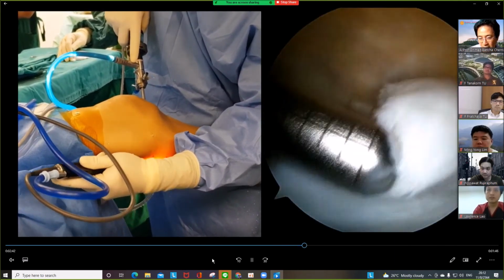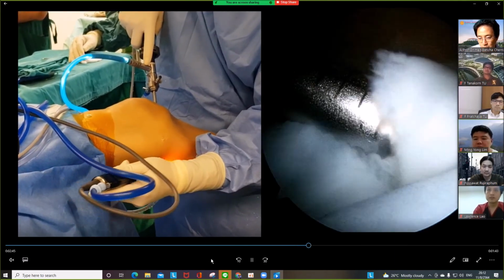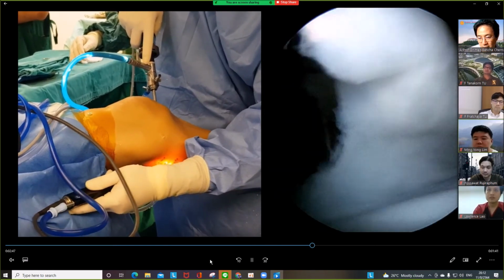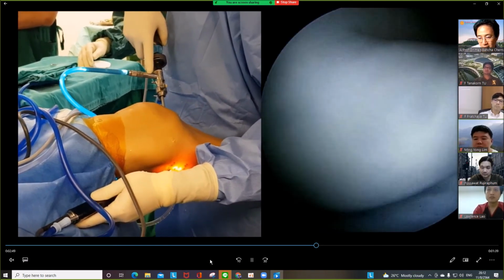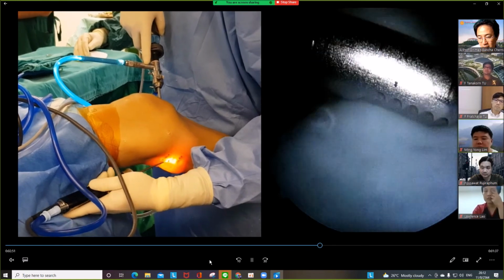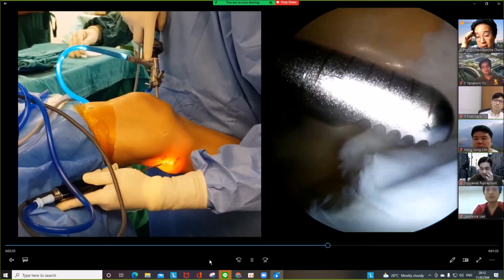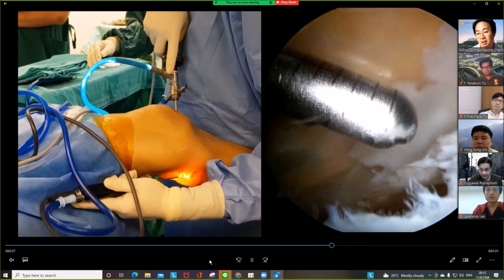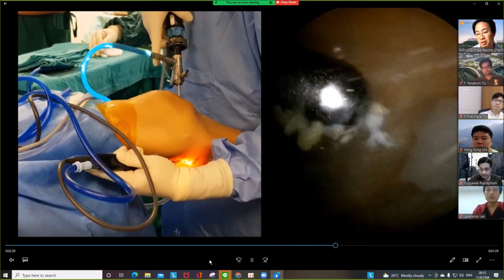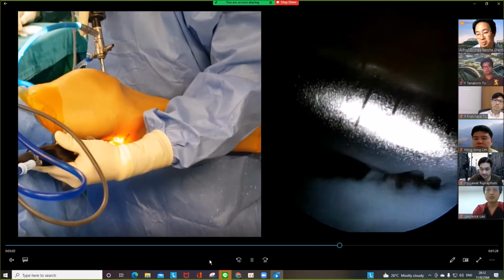You can easily suck your cyst wall into the shaver and remove it like that. But be careful at the central part. So I remove the cyst wall as much as possible.